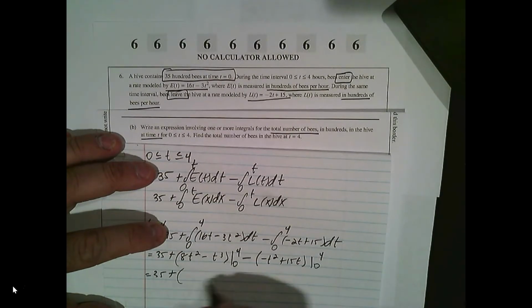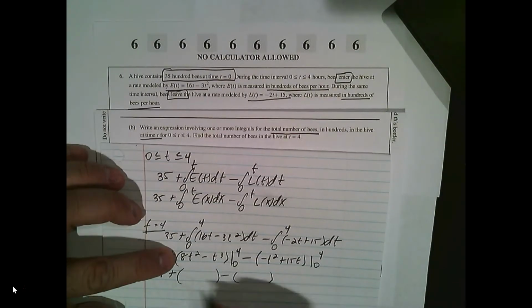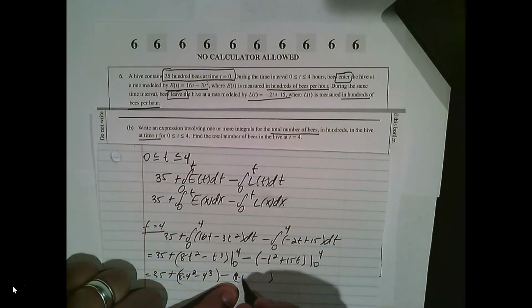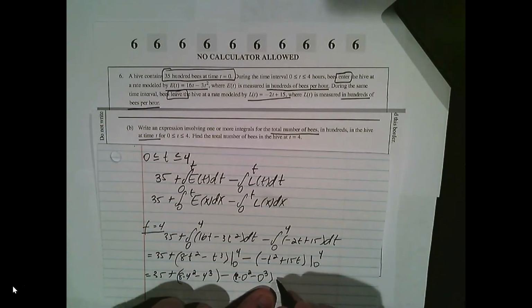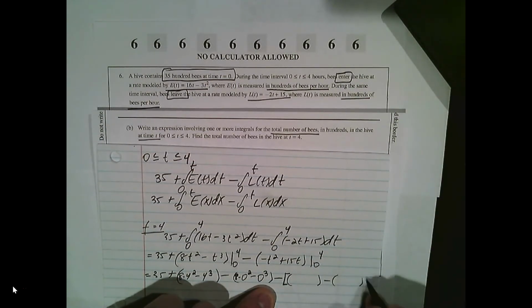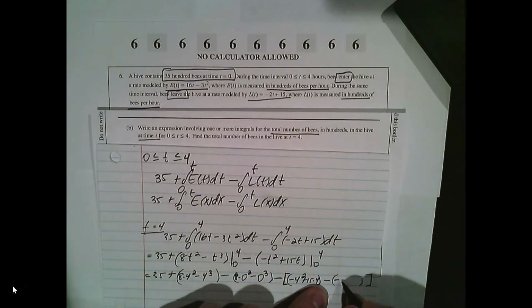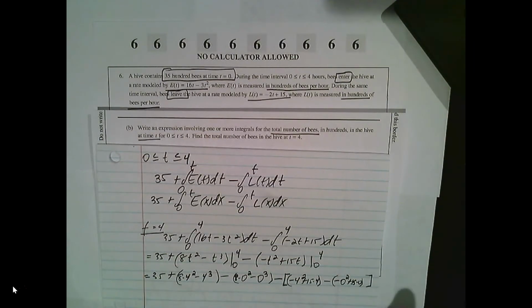We're going to evaluate now, so big parentheses minus big parentheses, plug in the 4: 8 times 4 squared, minus 4 cubed, minus 8 times 0 squared, minus 0 cubed, minus, now I want to be really careful here, so I'm going to use brackets, big parentheses minus big parentheses, negative of 4 squared plus 15 times 4, minus the negative of 0 squared plus 15 times 0.